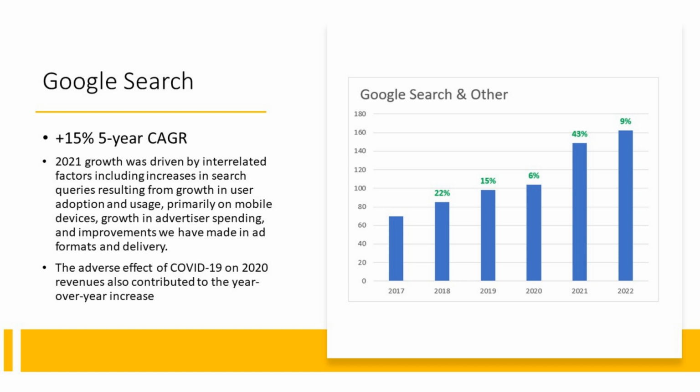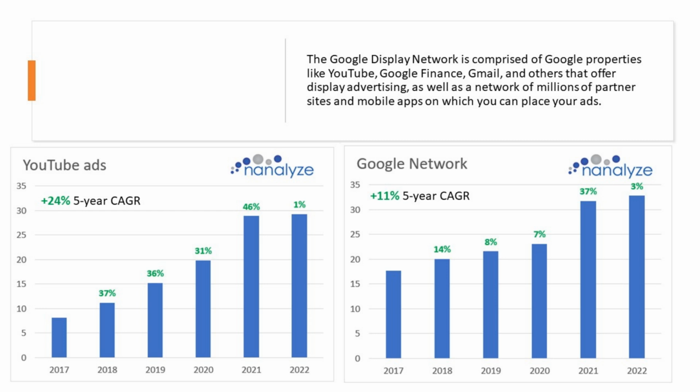But you'll notice that when you look at their other segments, such as YouTube ads, you can see here on the lower left, they had a 46% growth in 2021, a 24% 5-year compound annual growth rate, though that's stalled last year. And this shouldn't be a large surprise, for several reasons.